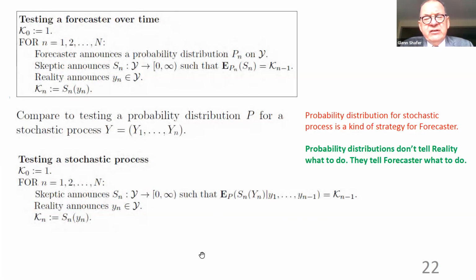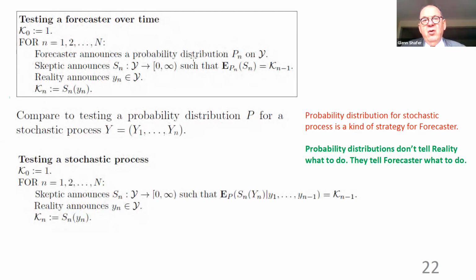Now, my presentation of this slide has been a little bit garbled. I kind of started at the end and moved backwards. But what I've tried to get across is the idea that a probability distribution for a stochastic process can be regarded as a strategy for forecaster in this protocol for making successive bets, where each time forecaster announces a probability distribution.